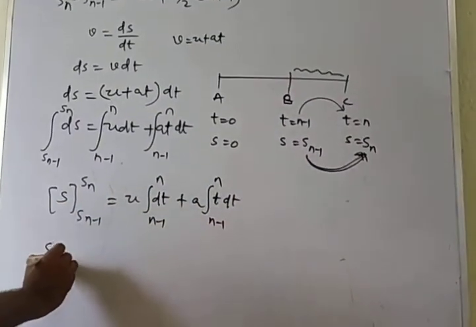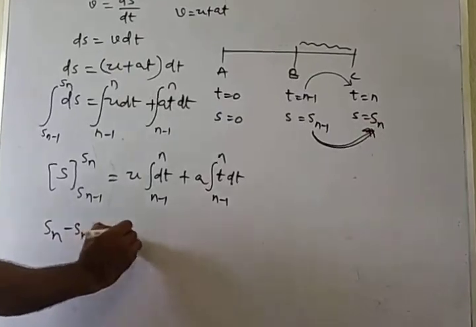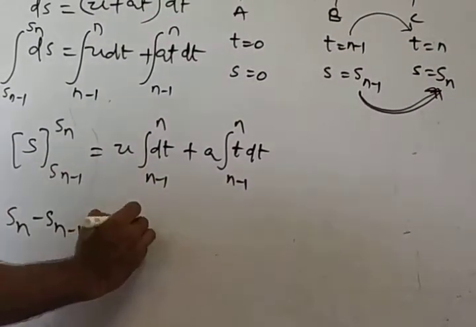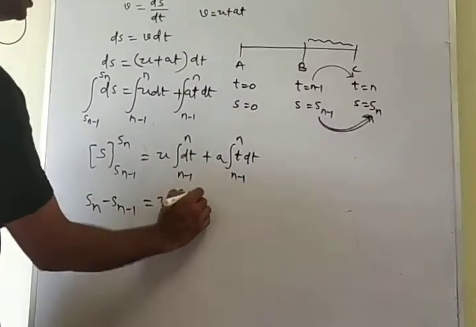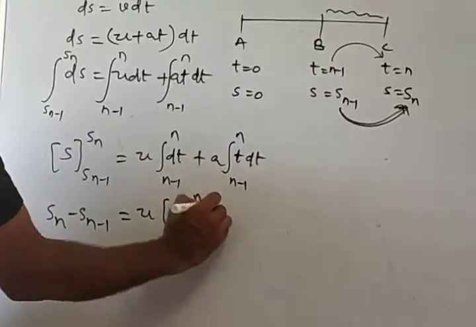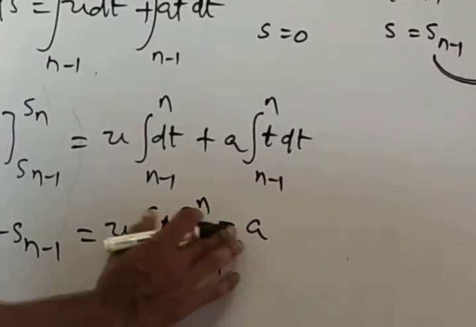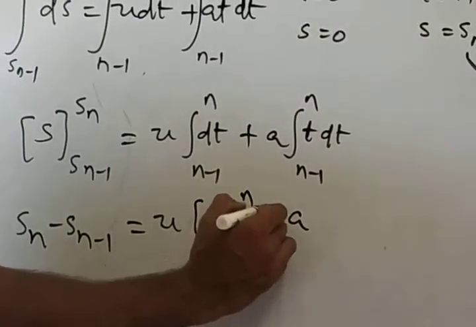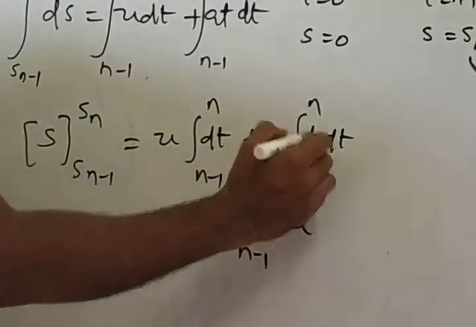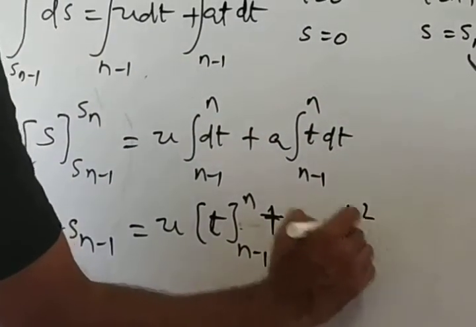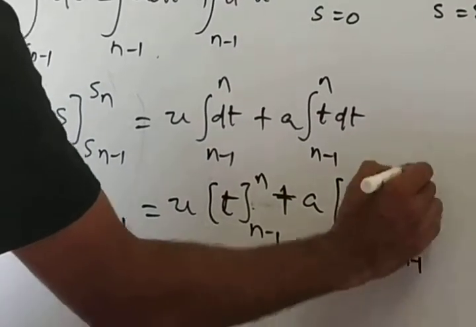So this will be S_{n-1}, upper limit minus lower limit: u times the integration of dt, which is t from n minus 1 to n, plus a times the integration of t dt, which will be t square by 2 from n minus 1 to n.